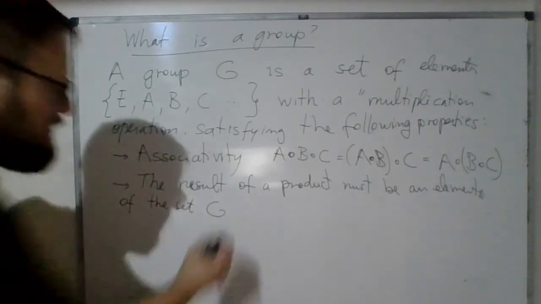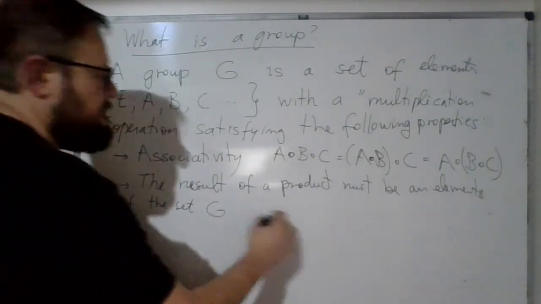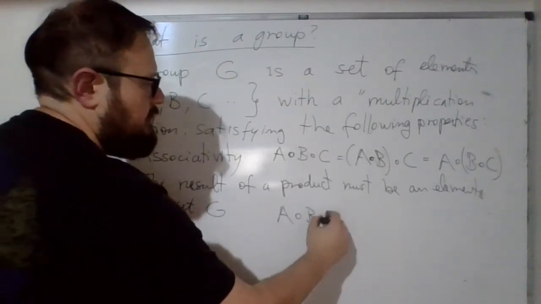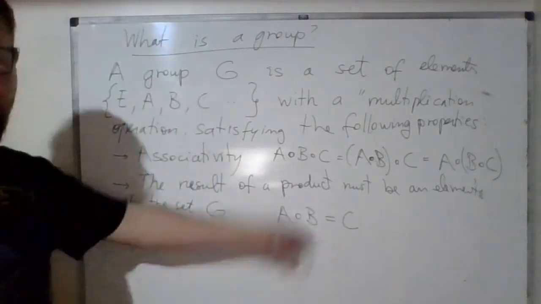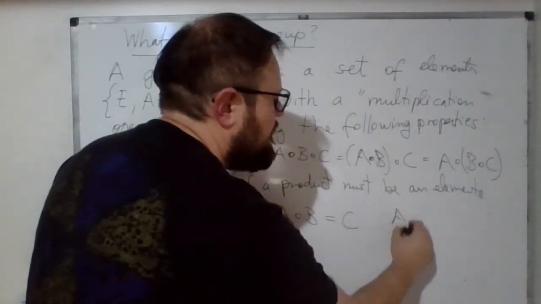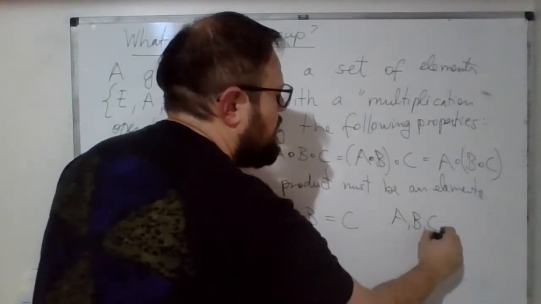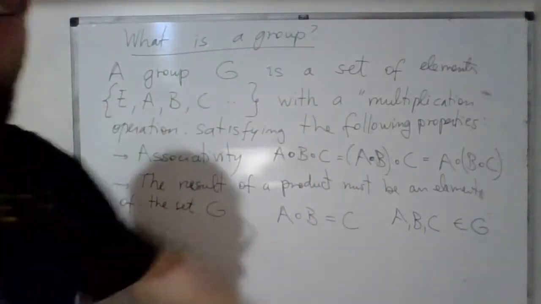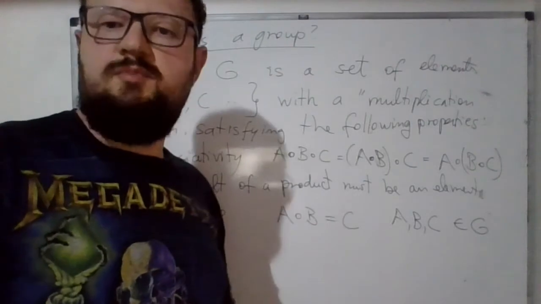All right. So if you multiply A and B, you'll get a C. For instance, A, B, and C, all of them are in G, in the group. All right.